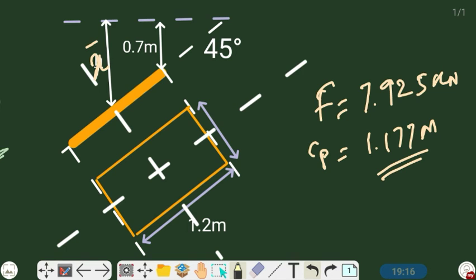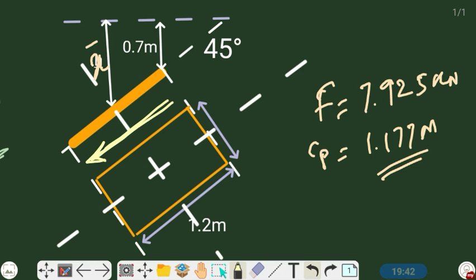If you see one thing, the pressure is increasing in the downward direction. So the force will also increase in the downward direction. So obviously the center of pressure will lie below the center of gravity, yes or no? Because the forces in the downward direction are more as compared to the upward direction from the center of gravity.